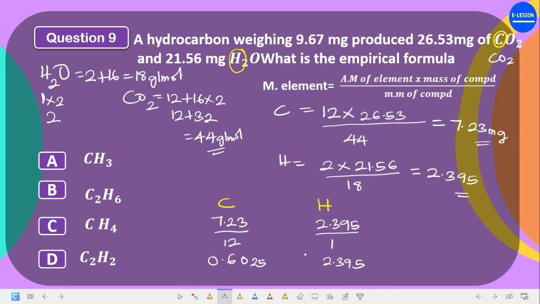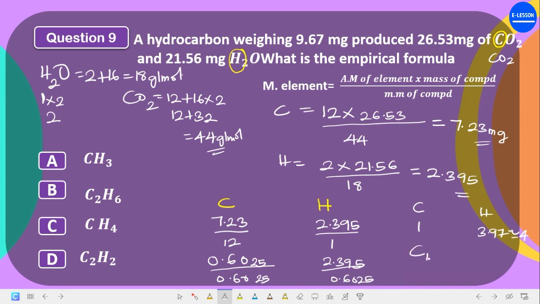Now the next thing you are going to do is divide by the smallest here. The smallest here is 0.6025. When you divide, this will give you carbon as 1, and that of hydrogen will give us 3.97, which is approximately 4.